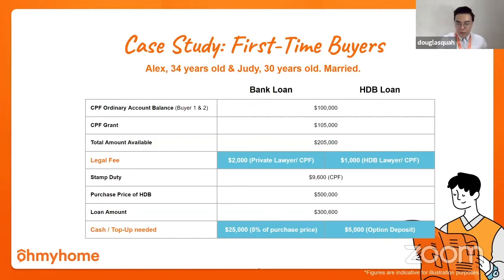For HDB loan, the legal fees are estimated to be about $1,000. And the cash upfront will be the deposit during the option to purchase period, and it could be up to $5,000. Okay, now judging from this, it seems that the cash outlay for HDB is much lower. So why would people still take bank loans?